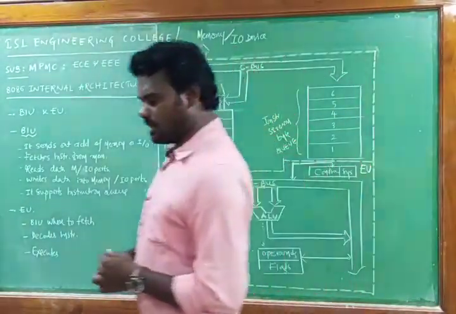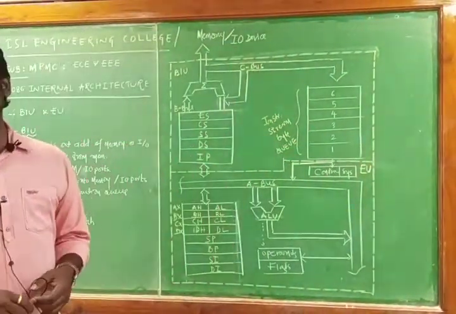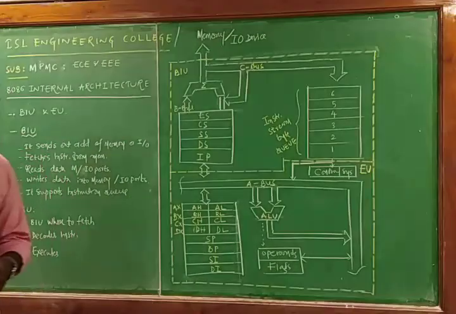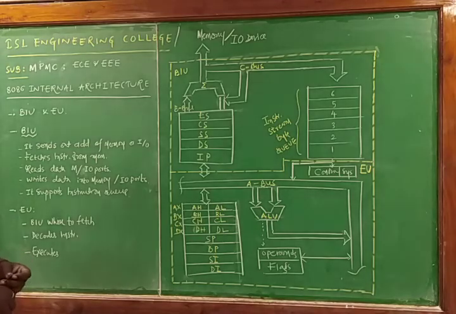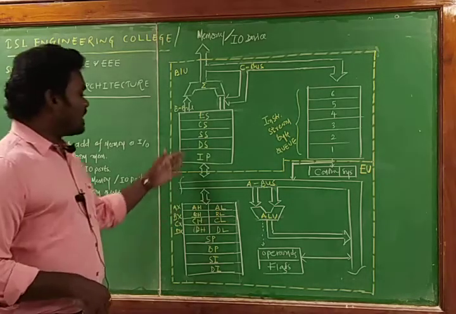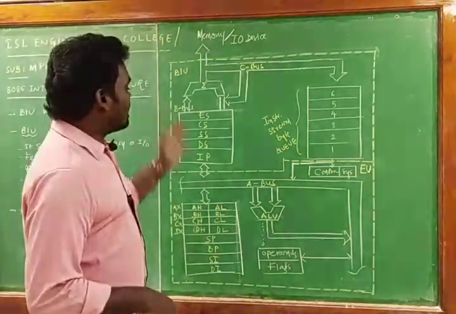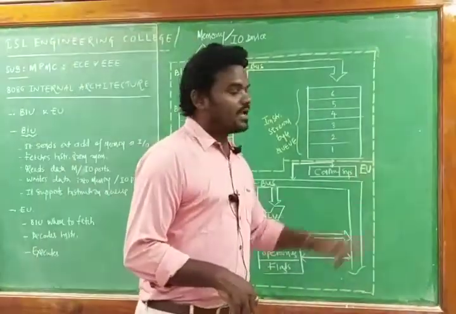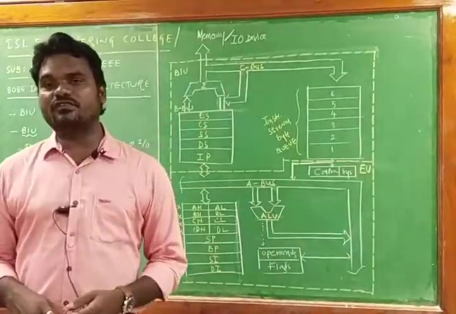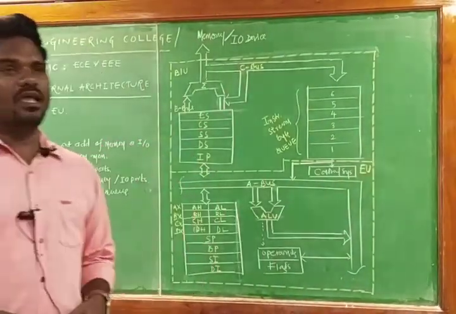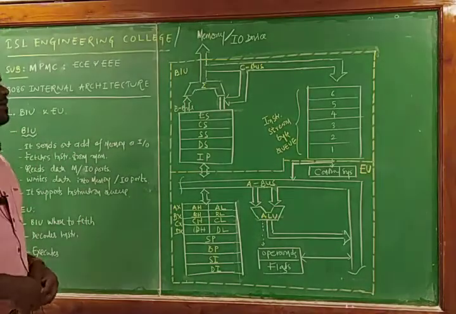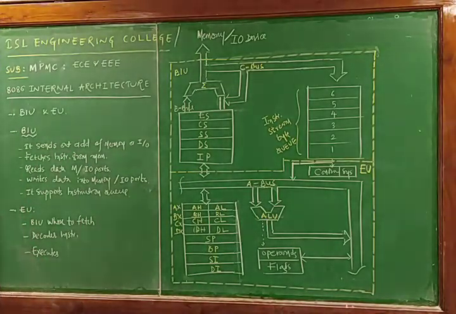Throughput is nothing but the number of instructions executed by the 8086 microprocessor in a unit time, and that throughput depends on the bus interface unit and the execution unit, because they combinedly do the operation, and the speed of the operation is completely dependent on them.